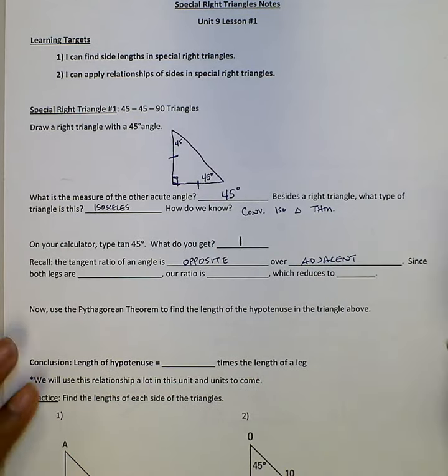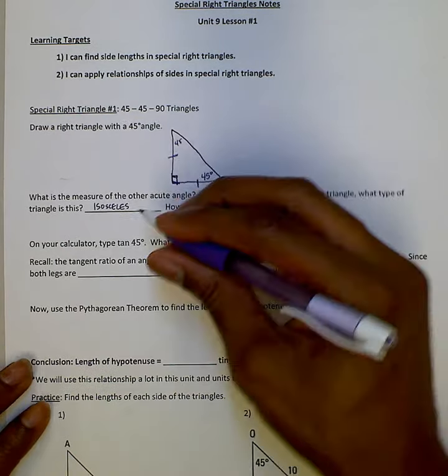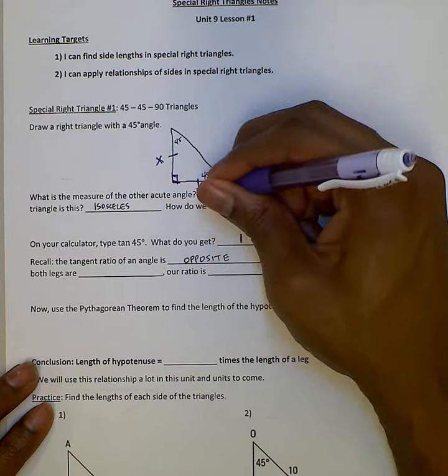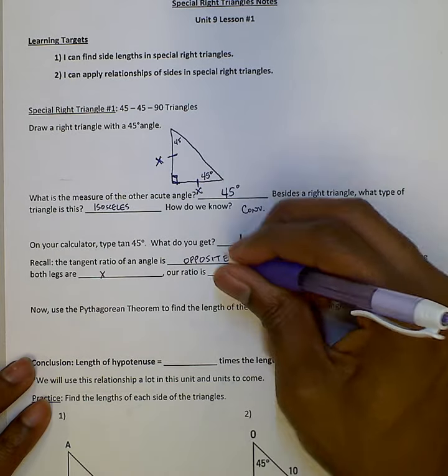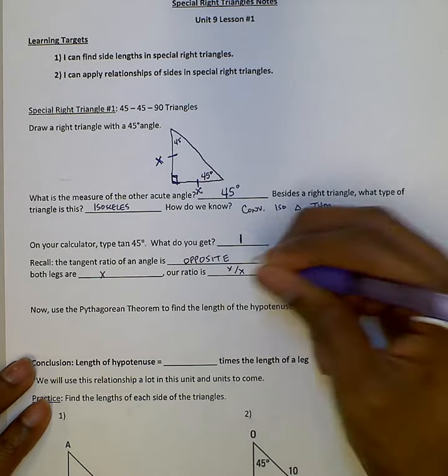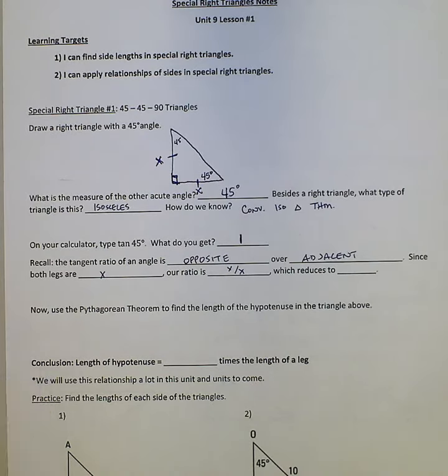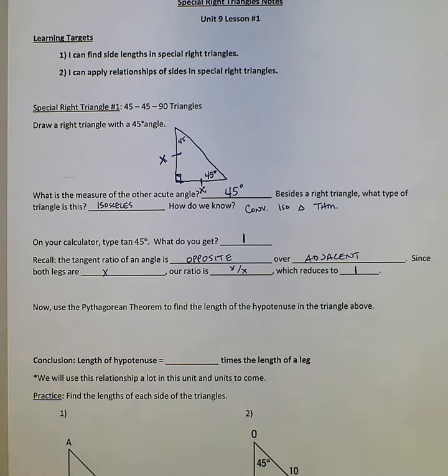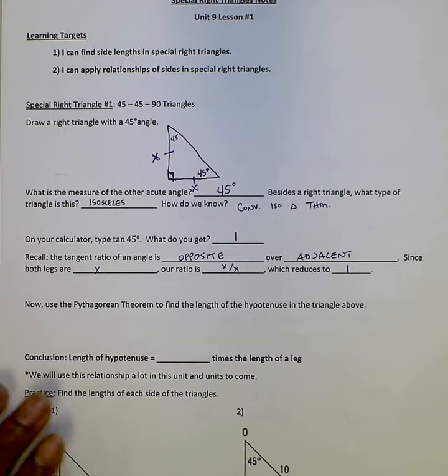And since both legs are, let's just say, x, our ratio is x over x, which no matter what x stands for reduces to 1. Anything divided by itself is 1. That's where we get our tangent ratio.